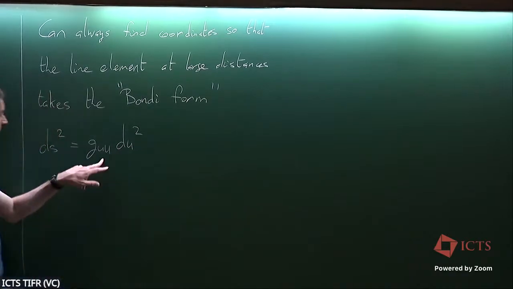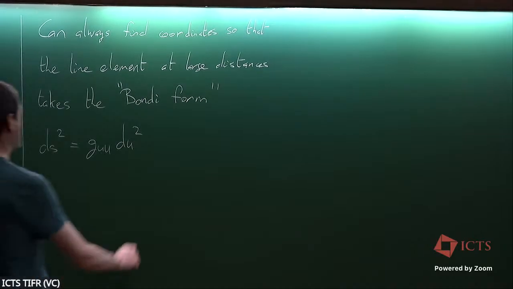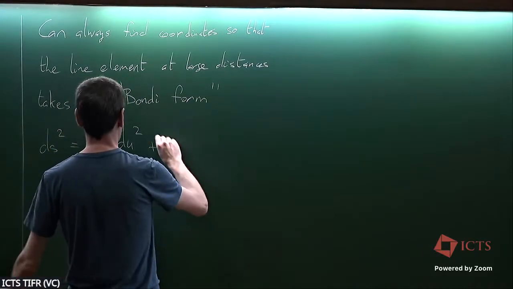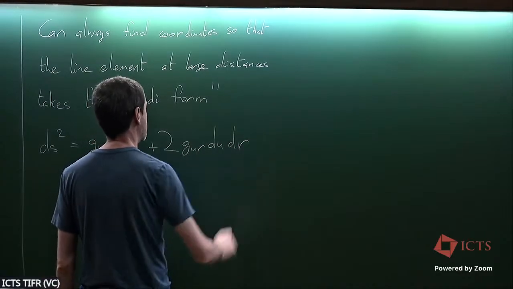We work in essentially retarded coordinates. So you want to think of this U. It's a curved space, but this U is somehow a version of the retarded time. But there are other possible terms in the metric, du dr.